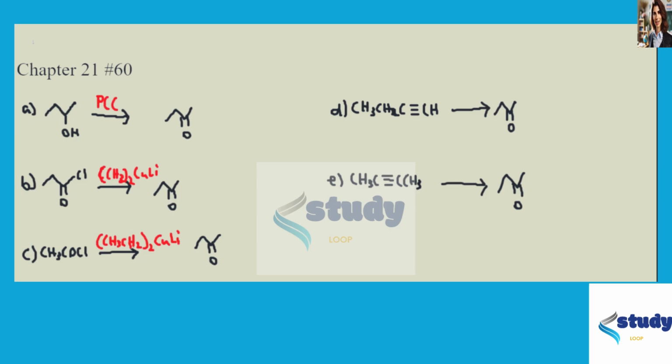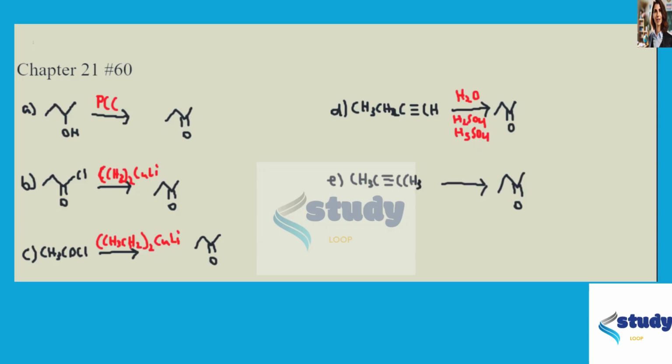And then D and E also use exactly the same reagents as each other. So we're going to use water, sulfuric acid, and mercury sulfate. To an alkyne, that's going to convert an alkyne to a ketone.